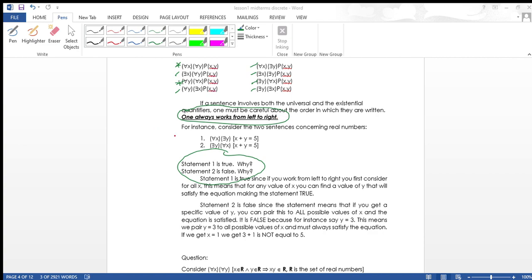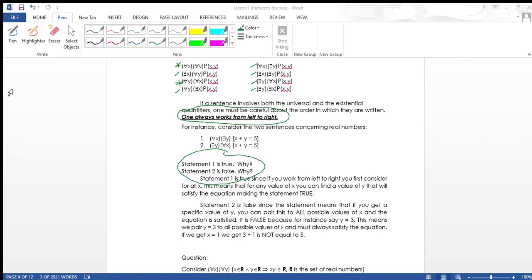So you will now find that for each value of x that you use, you can always find a possible value of y to be paired with that x so that this condition is satisfied. That's why this entire proposition now becomes true.